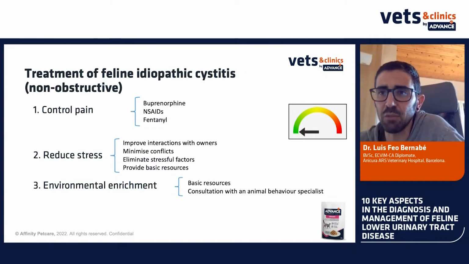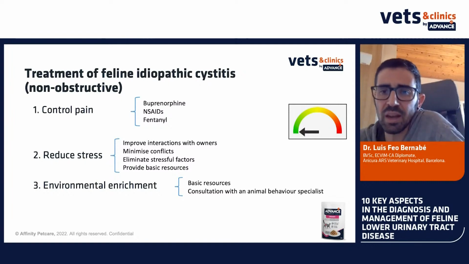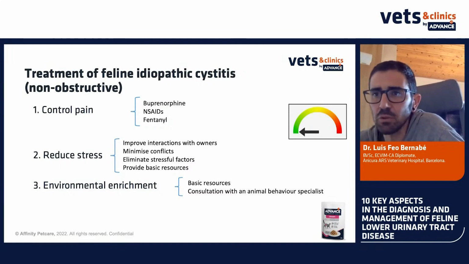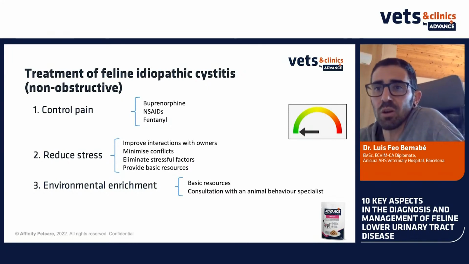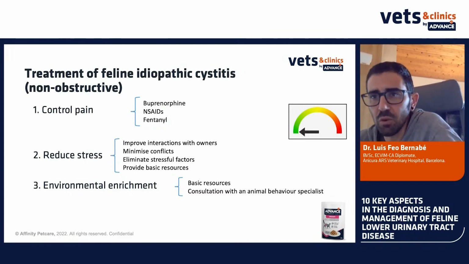But sometimes when it's a difficult case, my recommendation is to talk with an animal behavior specialist, and they can do a consult in the house. I will tell you that will help a lot in many cases, because sometimes it's difficult to know exactly what's going on in that house, and with a behavior specialist you can have the key of what's going on.